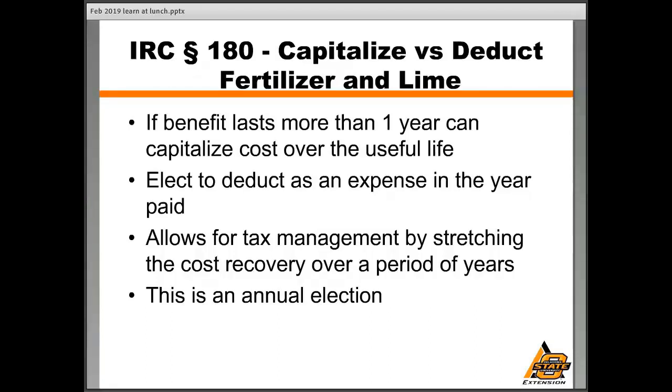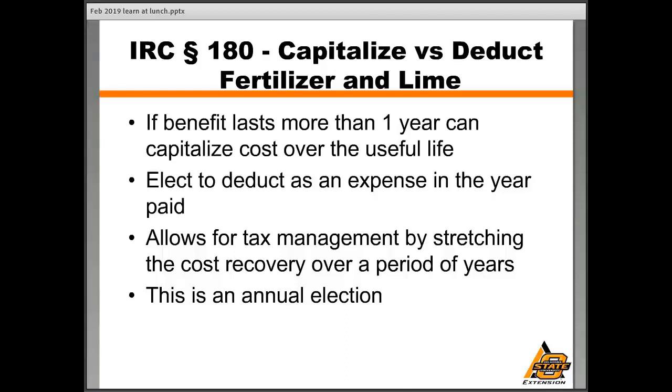Let's talk about the first one, capitalizing versus deducting fertilizer and lime. The tax code reads that if a benefit lasts more than 1 year, a farmer can elect to capitalize that cost over the useful life of the item, or elect to deduct it as an expense in the year paid. Most farmers, by default, most of the tax preparers by default, elect to deduct it in the year paid because it's very simple. You just file it on the return as an expense.